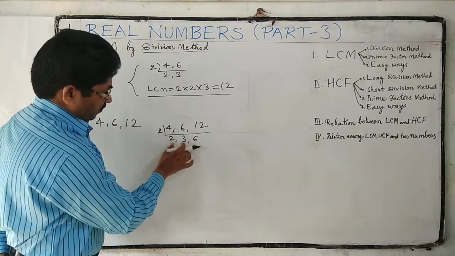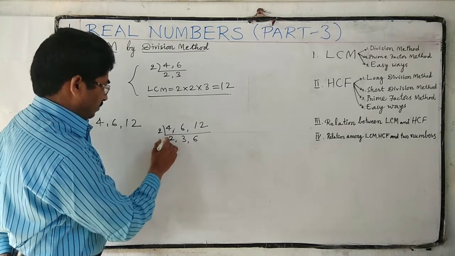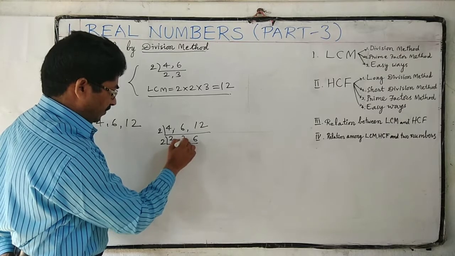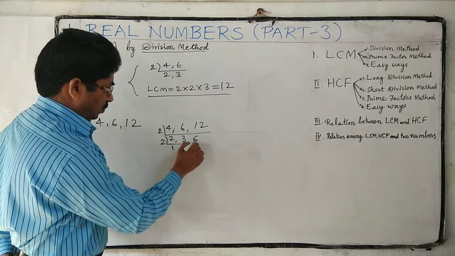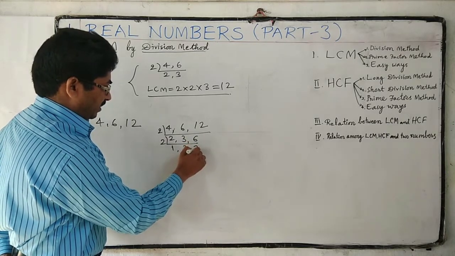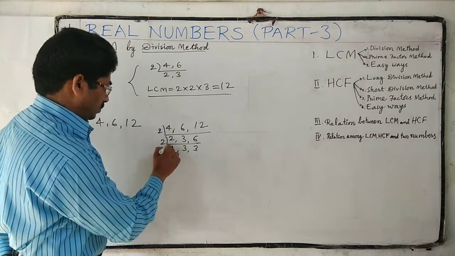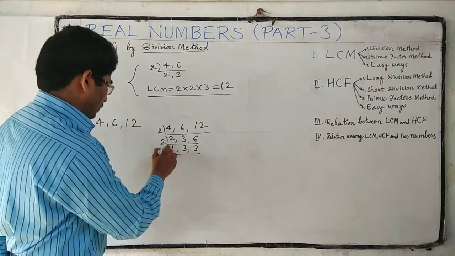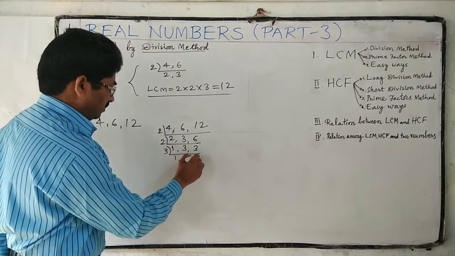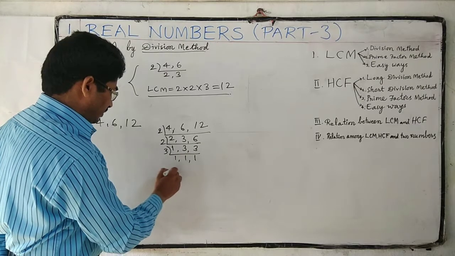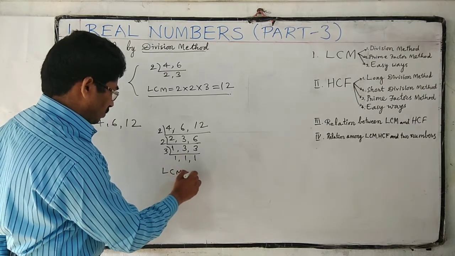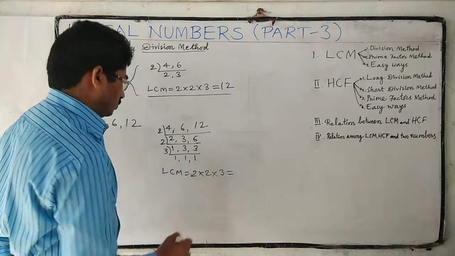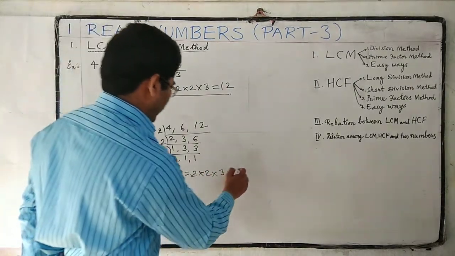Again, for this 2 is the common. 2 1s, 3 bring down, 2 3s are 6. These 3 are divisible by 3. 3 1s, 3 1s. So LCM is equal to 2 into 2 into 3, 2 2s are 4, 4 3s are 12.